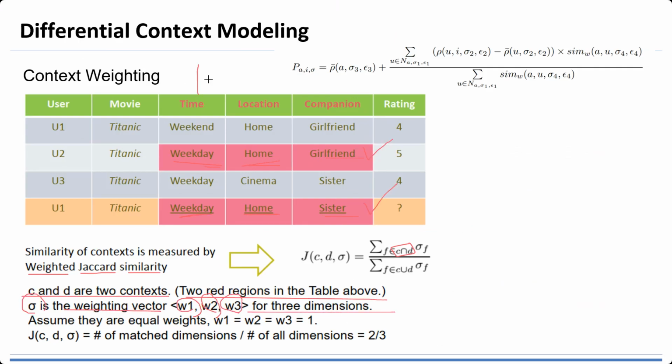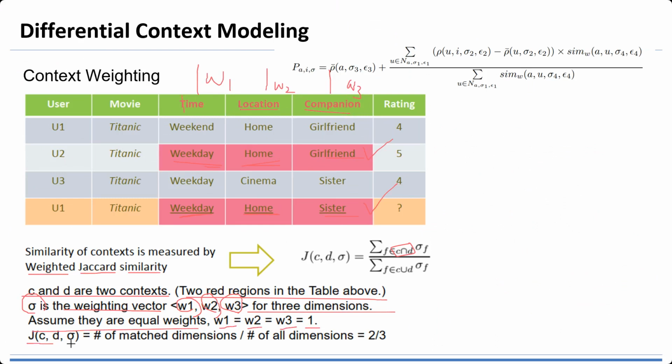So this one we have W1, this one W2, and this one W3. Assume they are equal weights, so W1, W2, W3 equal 1. So let's say the time has the same weight as the location and companion. Every attribute has 1.